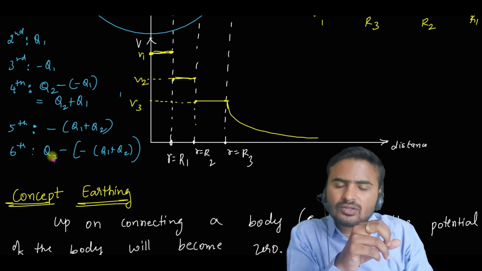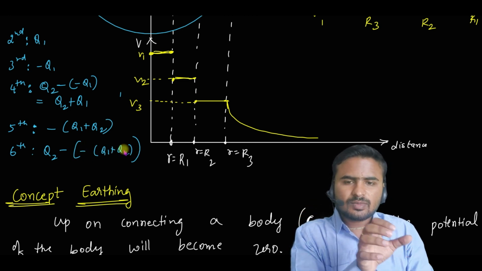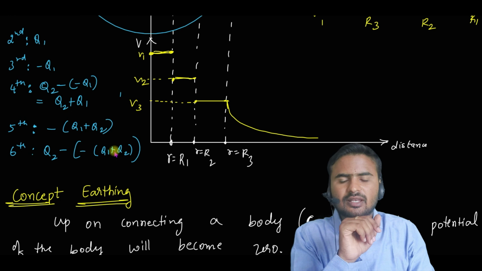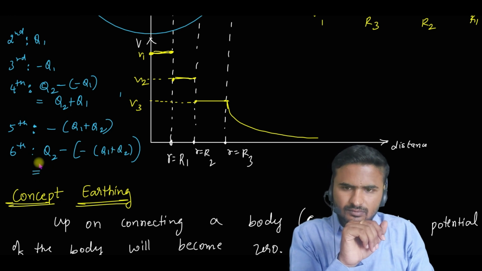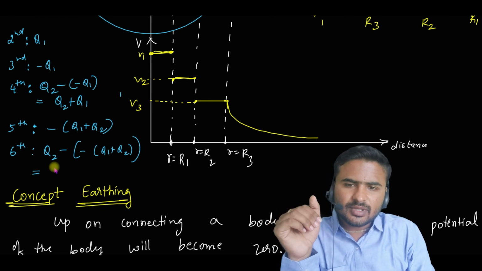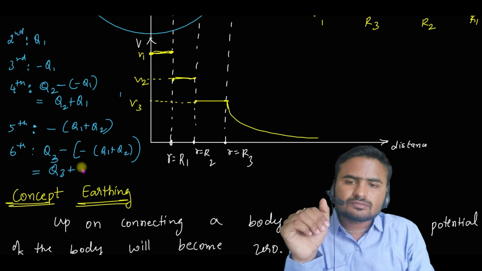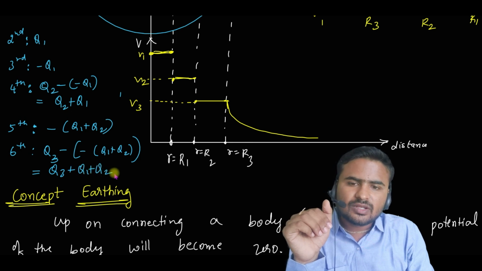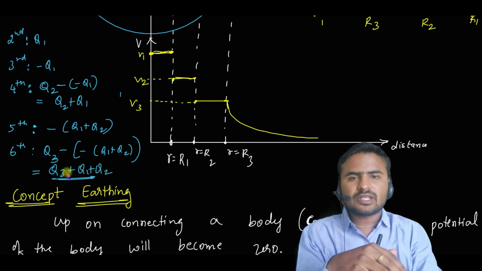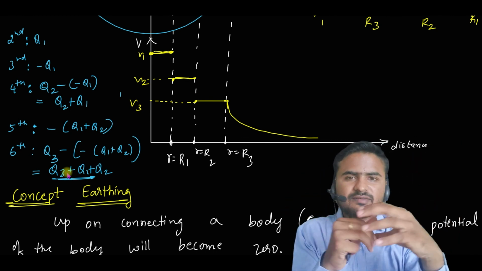So the total charge on the outer surface of the third shell is going to be q3 plus q1 plus q2. This is the charge present on the sixth surface, the outer surface of the third spherical shell.